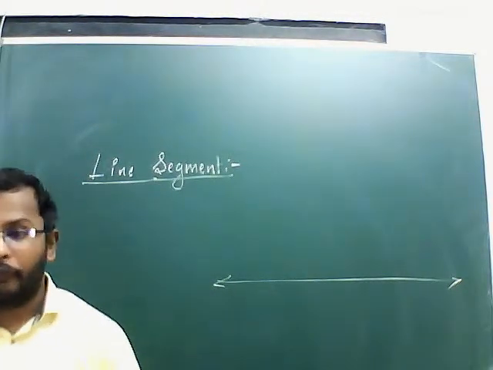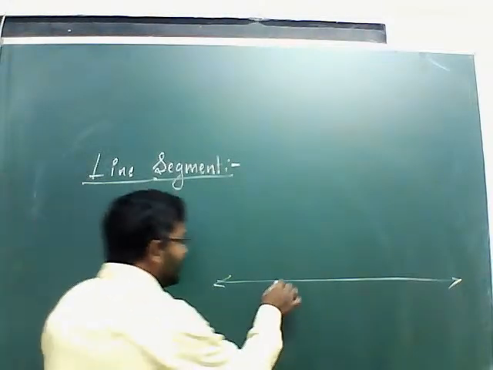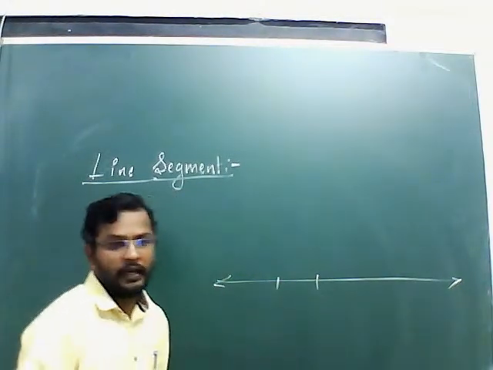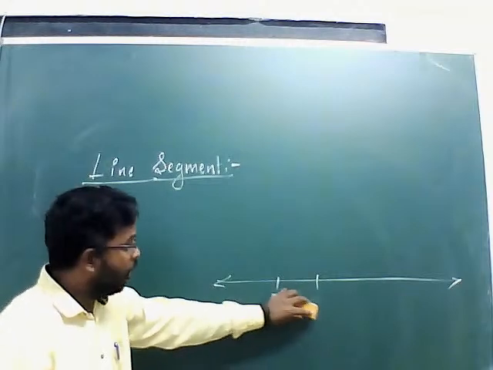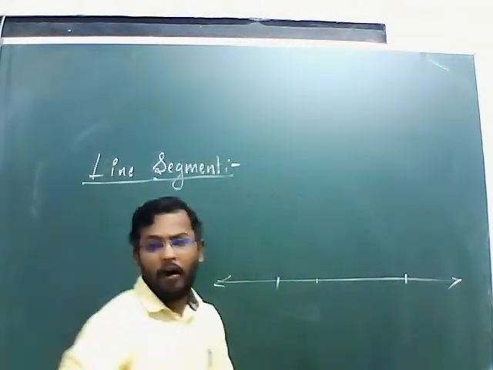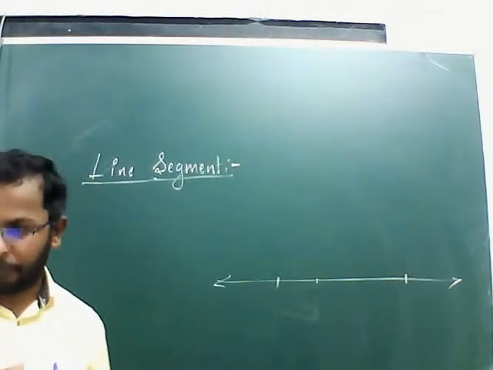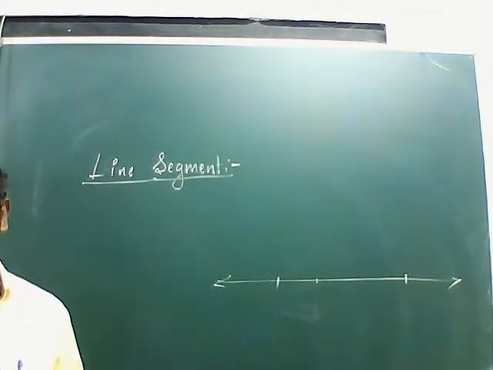So now when you take a part of this line, we took a small part of it. We can take from this part, or else we can take from here to here, or anywhere. So if you take a part of the line, that will become a line segment. Okay.